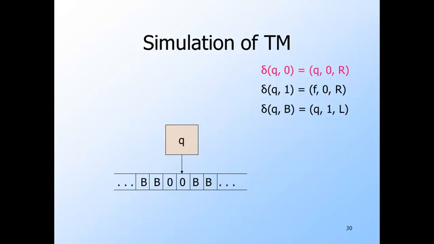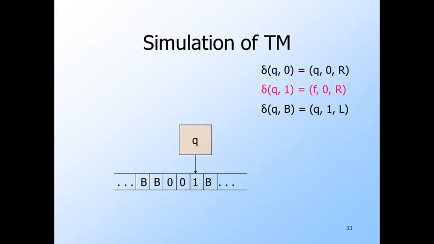Here it's done that, and it is in the same situation, again scanning a 0, so it again moves right. Now it sees a blank on its tape, so another rule is applicable. This rule says to stay in state Q, replace the blank by 1 and move left. So it's made those changes, and the first rule is applicable again. The Turing machine is going to move right while leaving the state and symbol unchanged.